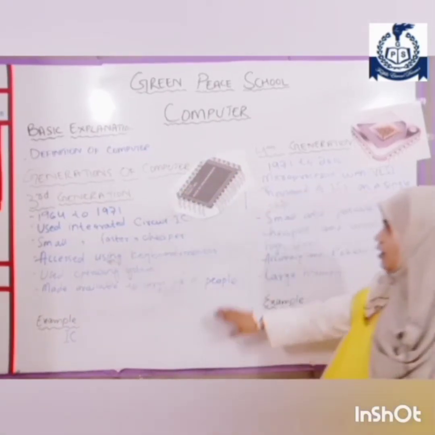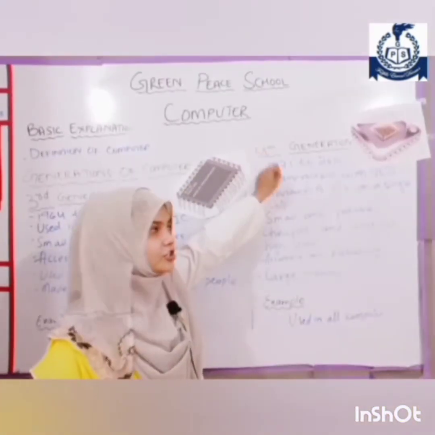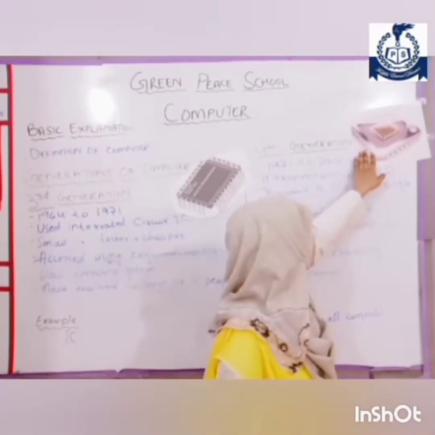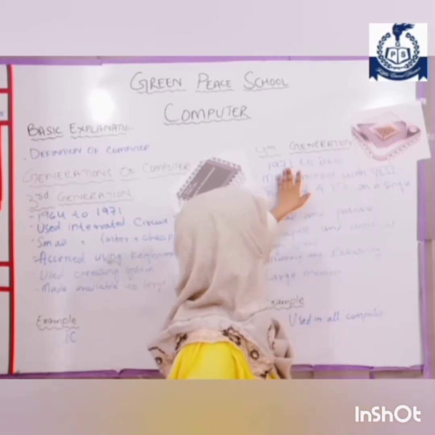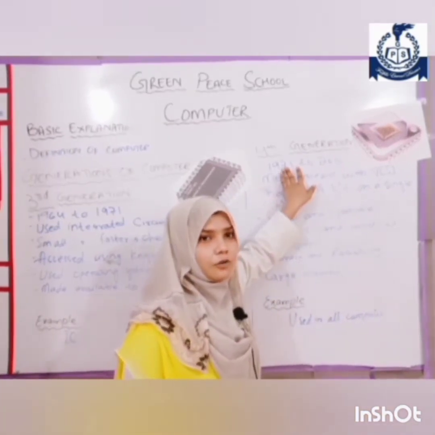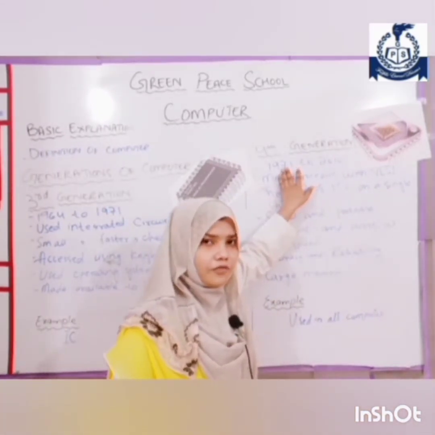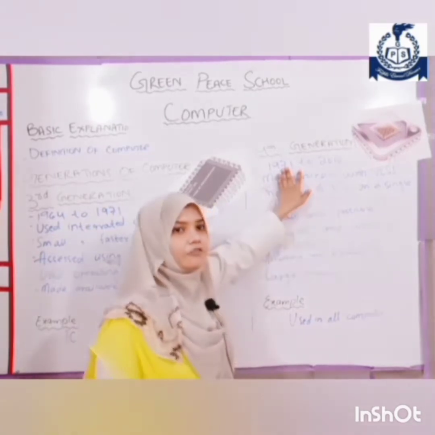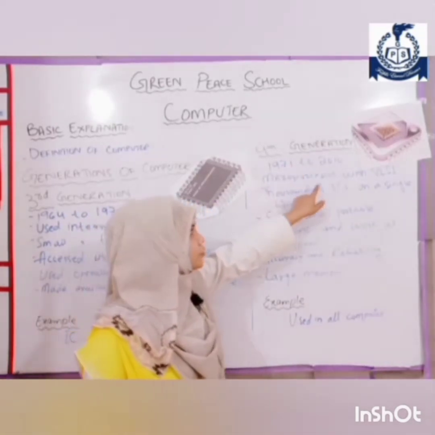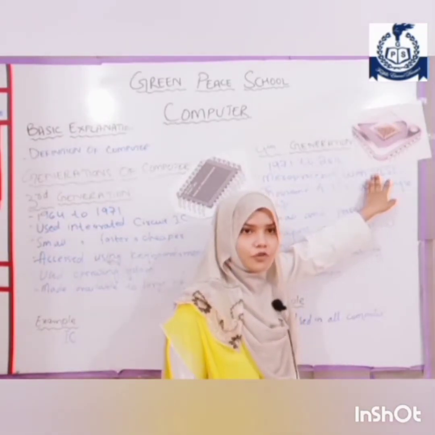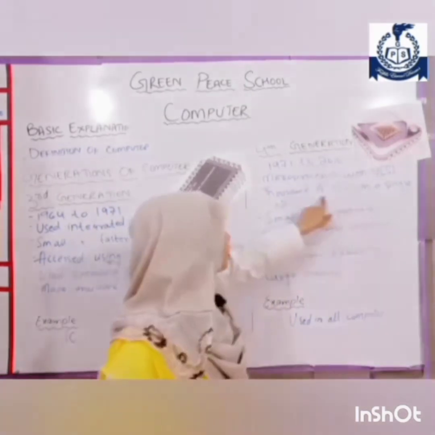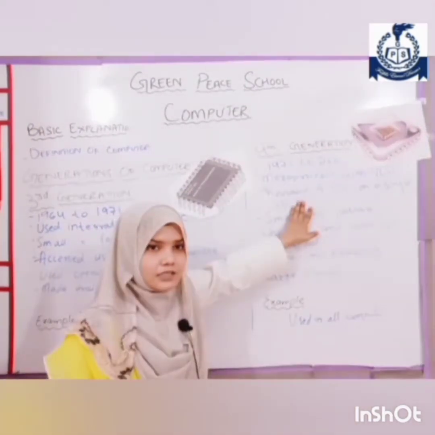So now come to the next, the fourth generation, and this is the diagram of the microprocessor which is used in the fourth generation. The fourth generation of computers started from the year 1971 with the advent of the microprocessor used with VLSI. VLSI stands for Very Large Scale Integration technology, having thousands of ICs on a single chip.